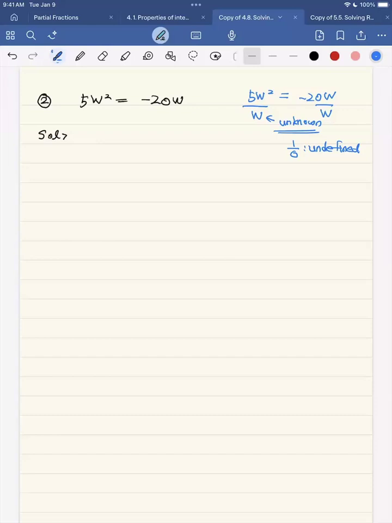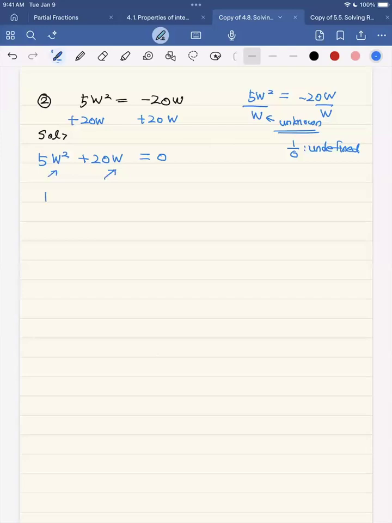To solve the problem, let's move negative 20W to the left side by adding. Then we have 5W squared plus 20W equals 0. W is a common factor in both terms.